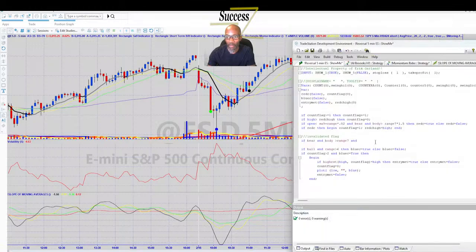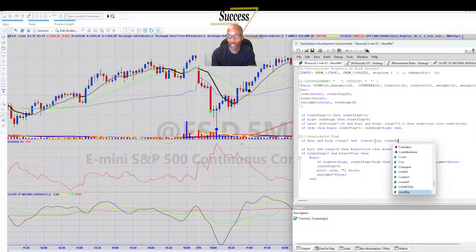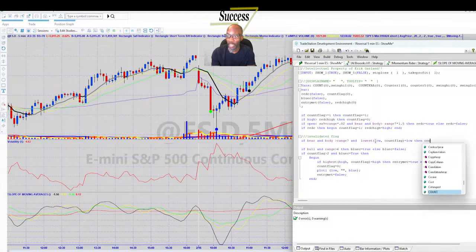So we'll use count flag, and the lowest low of the count flag equals the low of that bar that you're at. Then we've got to reset everything. So then count flag equals 0.